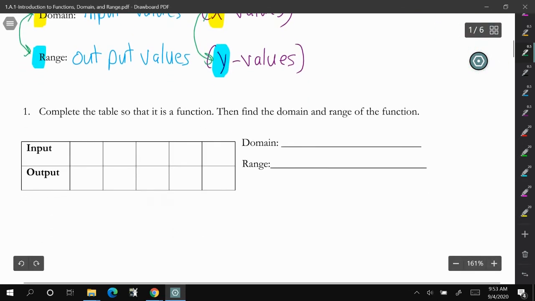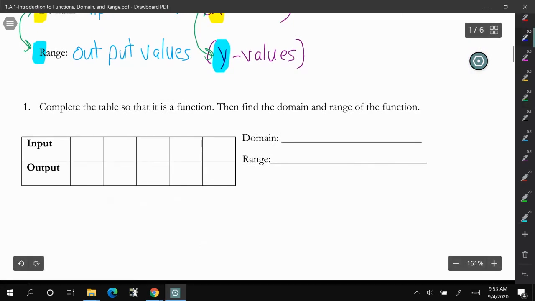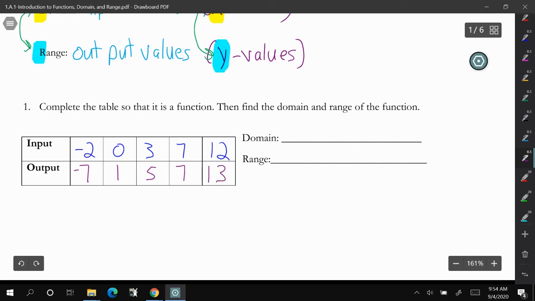Now, let's look at this table here, and we're going to make up an example, and I'm going to do some inputs, -2, 0, 3, 7, 12, and our output will be these values here. And I'm just making this up, so that's where we're getting these numbers from. Domain is going to be our input values.